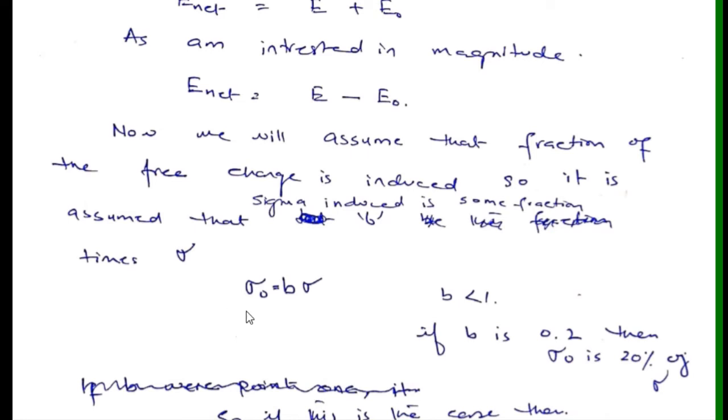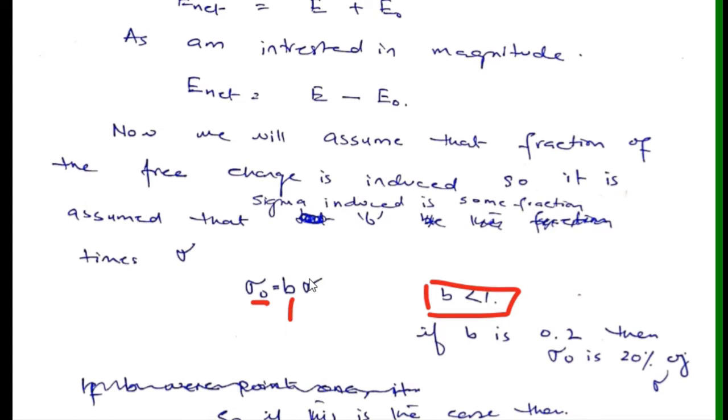So sigma naught is some fraction b, a multiple of sigma with this b, and this b is always less than 1. So please remember that whatever fraction we are choosing to multiply with this sigma, it has to be less than 1. So sigma naught is equal to b sigma.